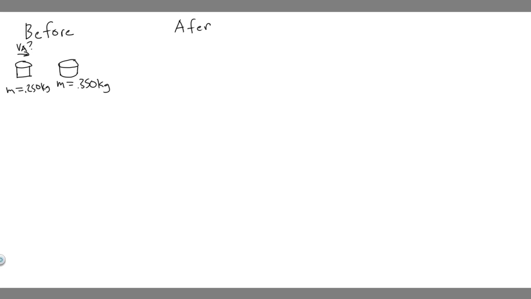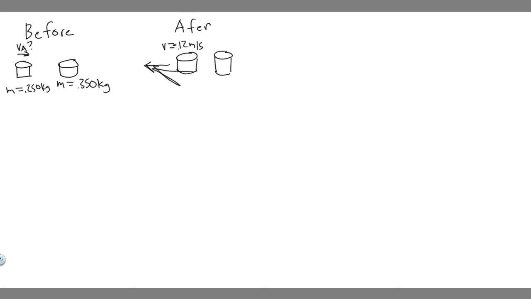After the collision, puck A is going to have a velocity, so let's label both pucks. Here's puck A, and then puck B. A has a velocity of 0.12 meters per second, traveling to the left, and I'm going to label it negative. When we do problems like this, you specify the direction with a sign.